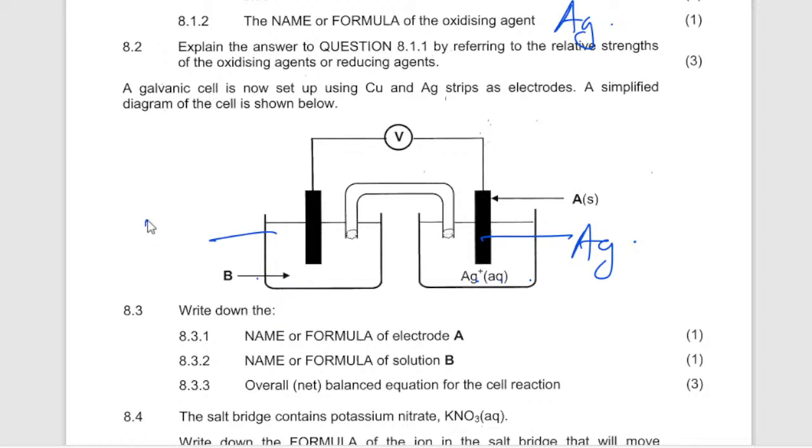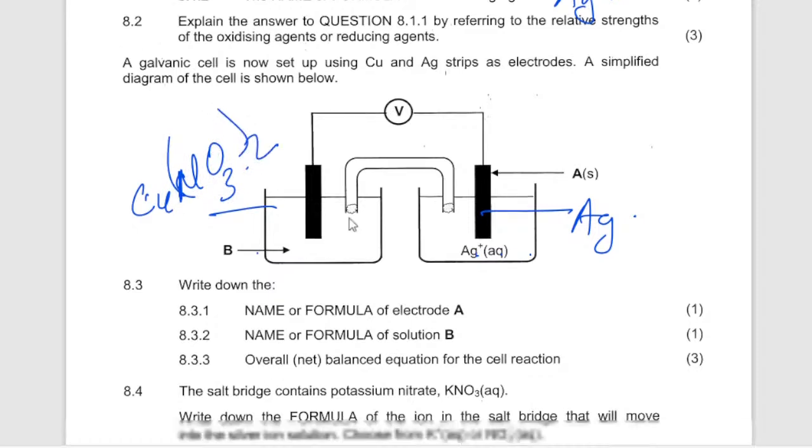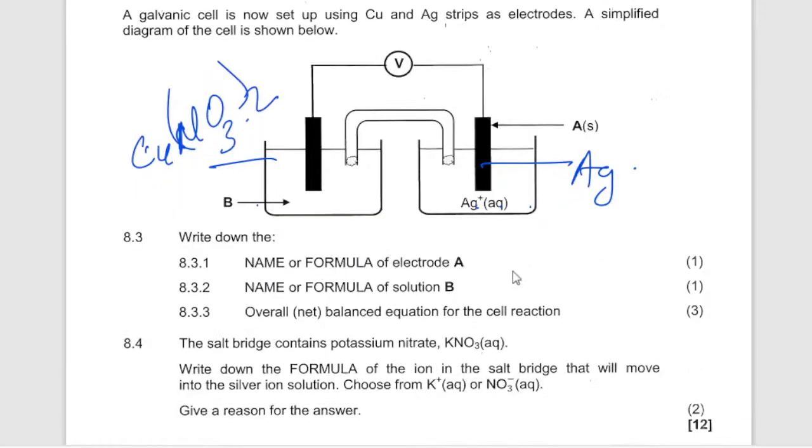Therefore the same for copper, so it's going to become copper nitrate. Did I say the formula? Yeah, the formula will be copper nitrate, because copper is in group 2 of the transitional elements.